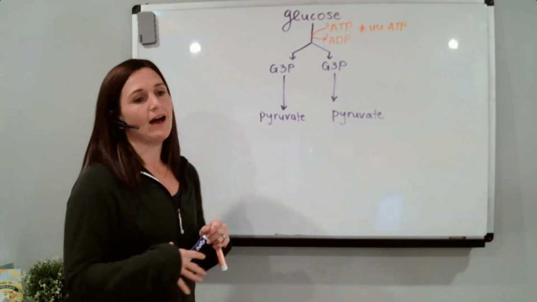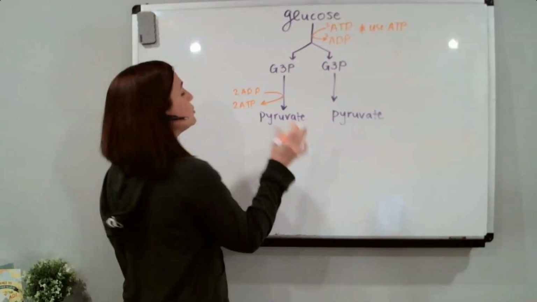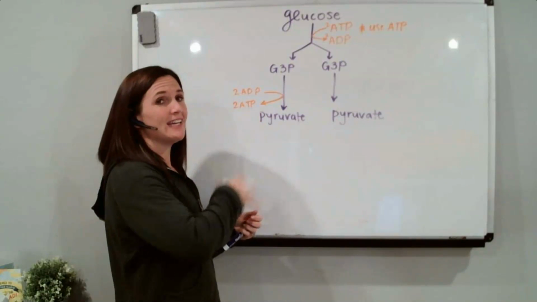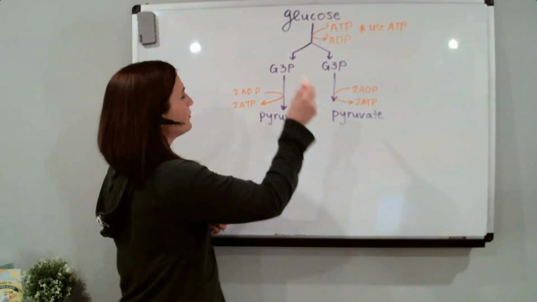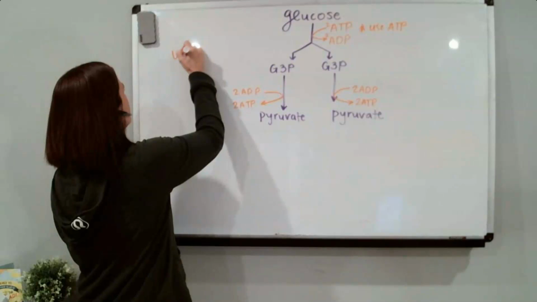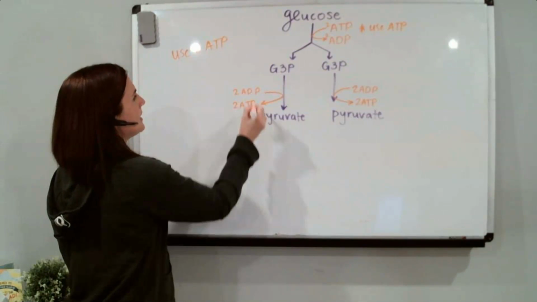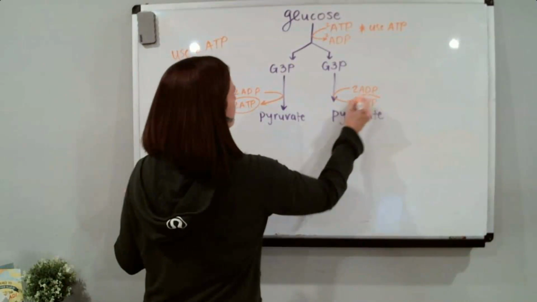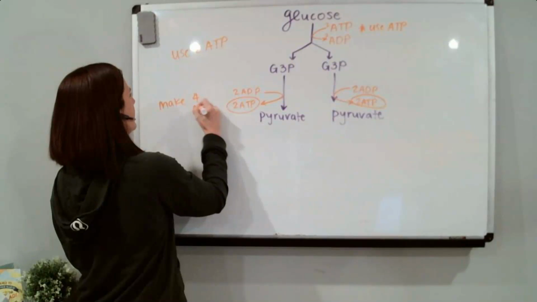In this payoff phase, we regenerate 2 ATPs for each side. So in our first phase, our prep phase, we use 2 ATP. In our payoff phase, we make 4 ATP.